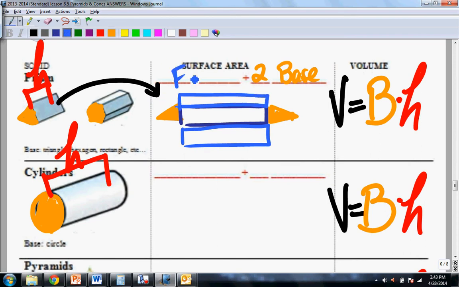So we'd find the area of the faces plus the area of the two bases. Bases, plural.